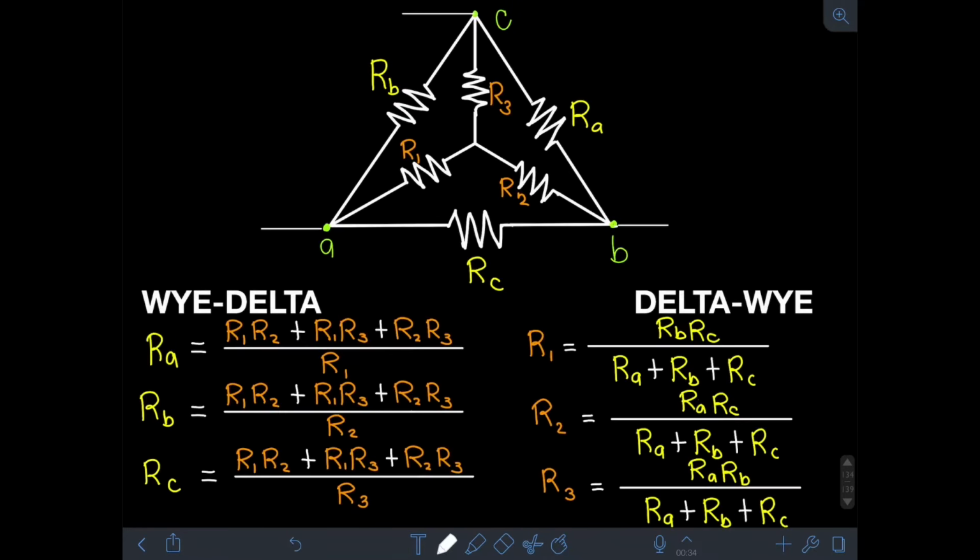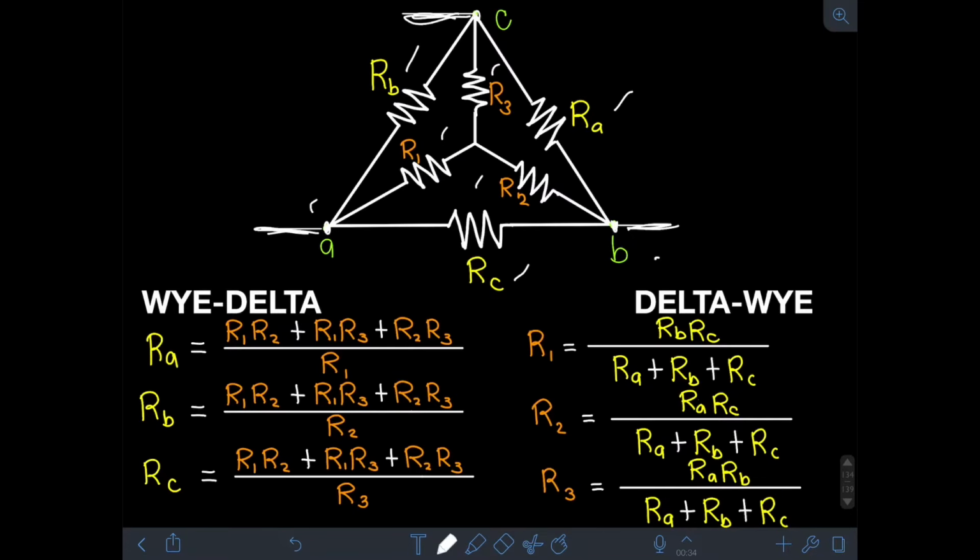Okay, so we have here a delta connection of resistors that involves RA, RB, and RC. And superimposed with this delta connection of resistors are the corresponding Y connections of resistors that involve R1, R2, and R3. And then we assume that this delta and Y connection of resistors are connected to the nodes A, B, and C so that they can be connected via wires to any other part of the circuit.